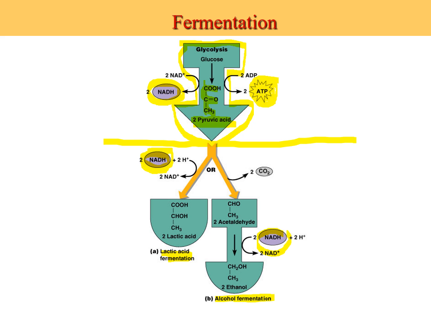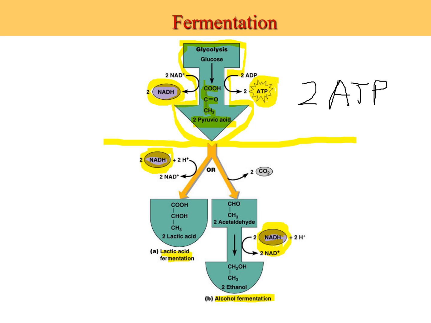They're used up. So overall net production of energy compounds, per glucose that originally is oxidized, is 2 ATPs and no NADHs in fermentation.